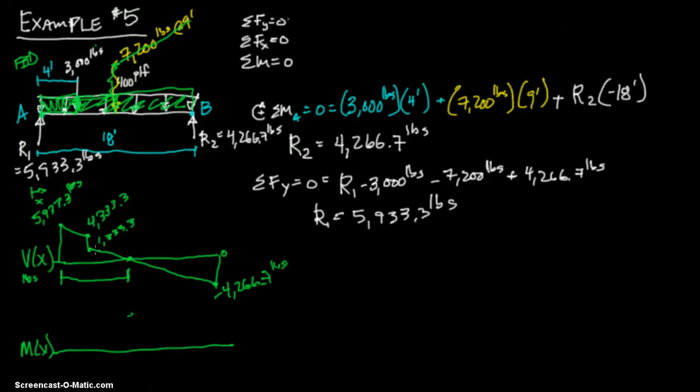We'll go from here. And let's change colors real quick. From this point right here, I know sometimes you can't see where I'm pointing, it is 1,333.3. And then, since we're going down 400, that's what the slope is.